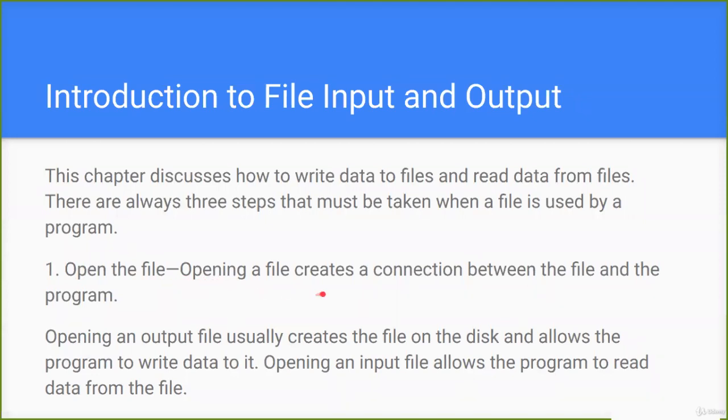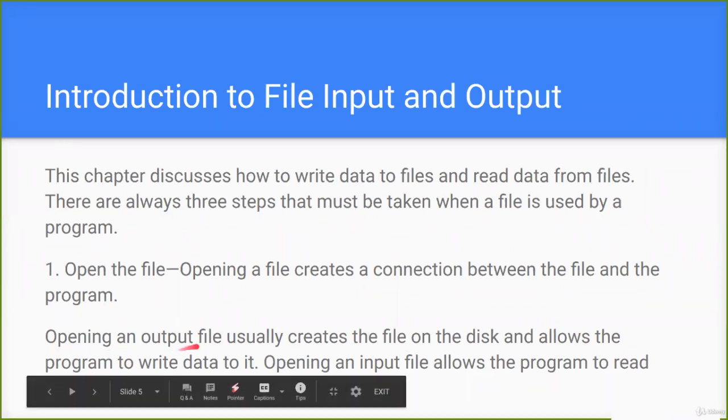Opening a file itself will create a connection between the file and the program. You can open up a file using a simple command in Python. I will show it to you. Opening an output file usually creates a file upon the disk.